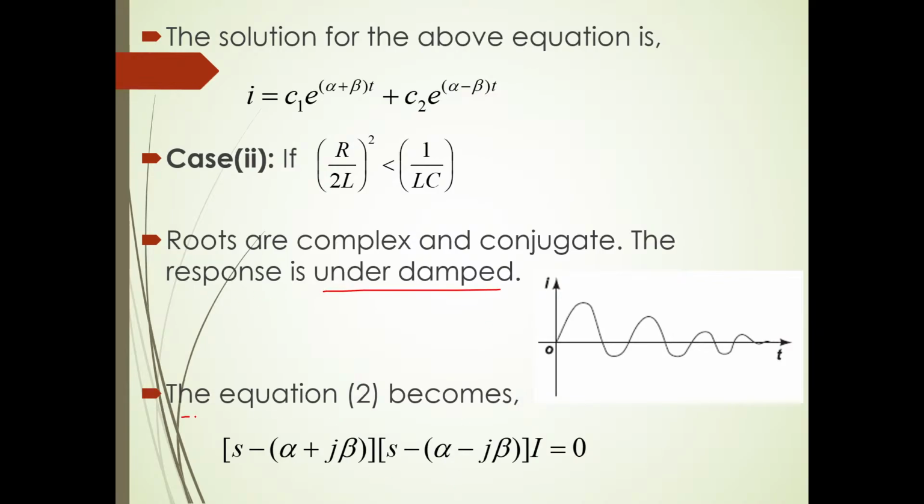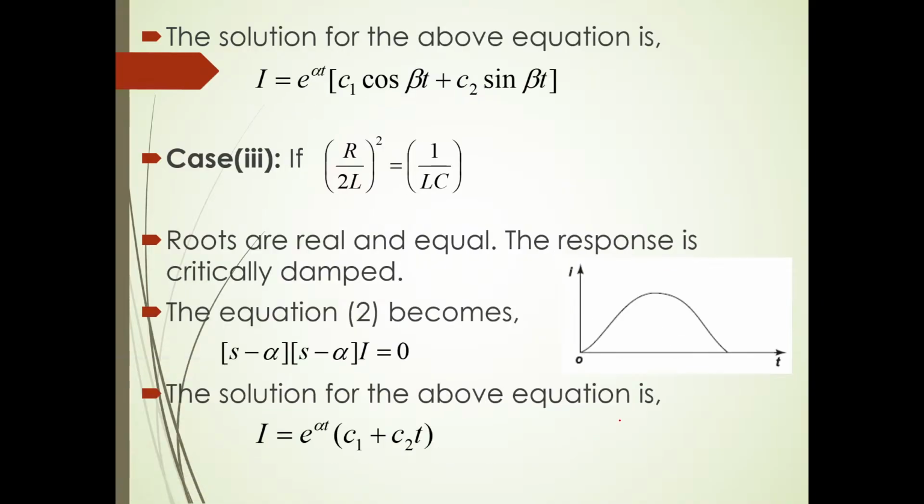Now equation 2 will become S minus alpha plus J beta, S minus alpha minus J beta into I equal to 0. So this is how equation 2 is to be written.